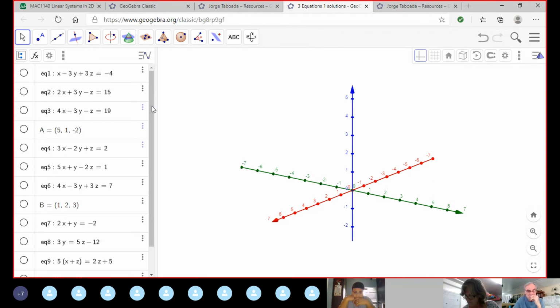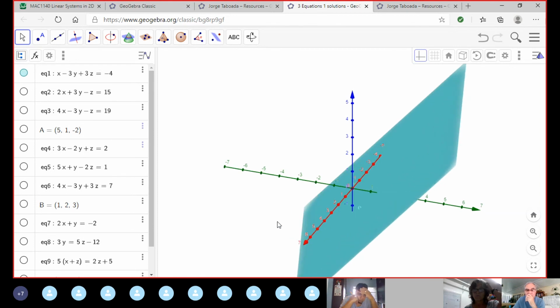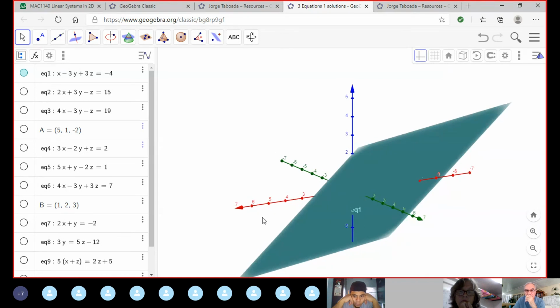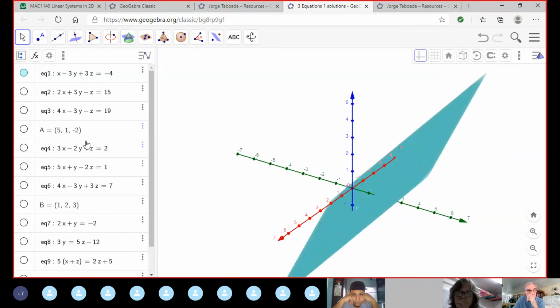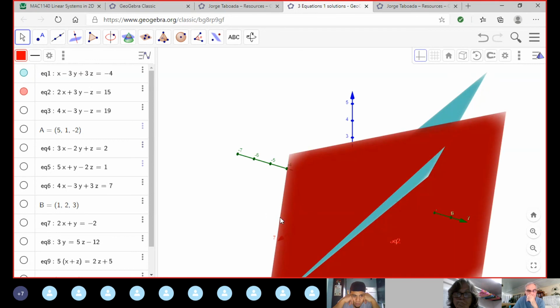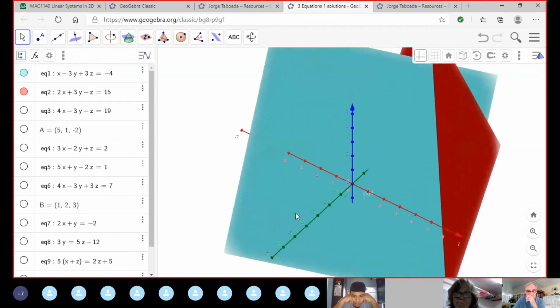Okay, good. My first equation was x minus 3y plus 3z equals -4. I enable it, and you see what, a line? No, it's a plane, the blue plane. The second one is 2x plus 3y minus z equals 15. It's a red plane.